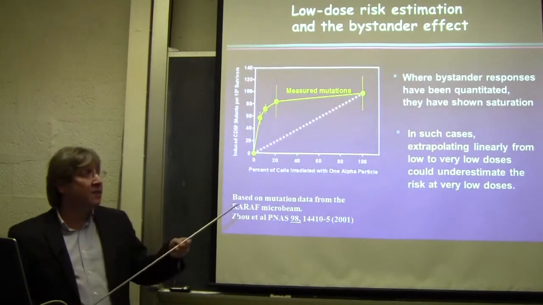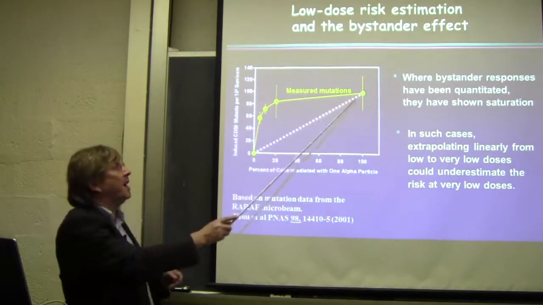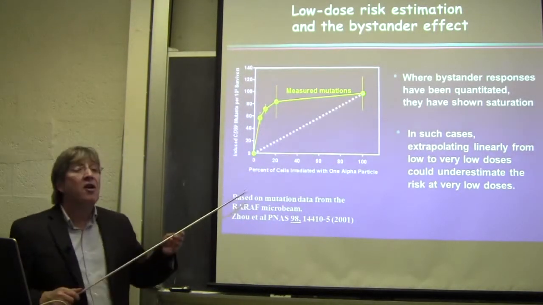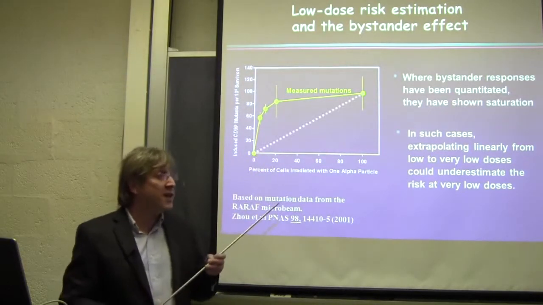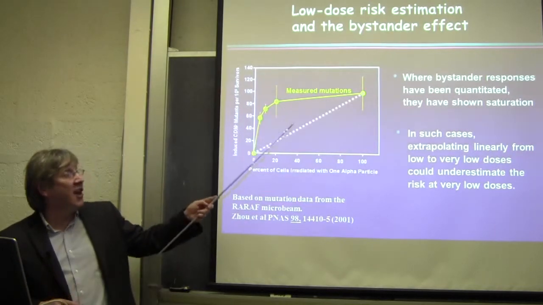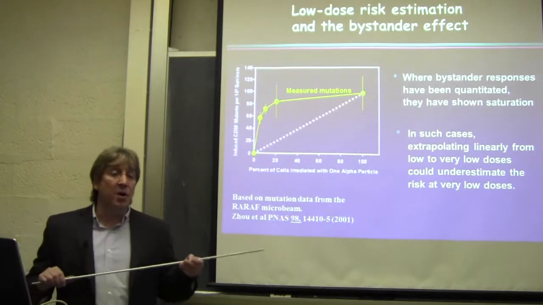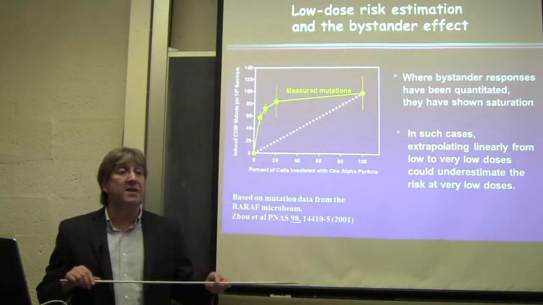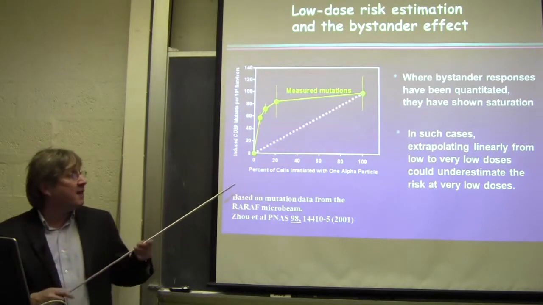So this is a case where the linear model, a linear extrapolation from high doses to low doses, would actually underestimate the low dose risk. And of course, one of the big issues is, is this a general phenomenon? Is this true in general, that if we use a linear model to extrapolate from low doses to very low doses, we are really going to underestimate the risk?